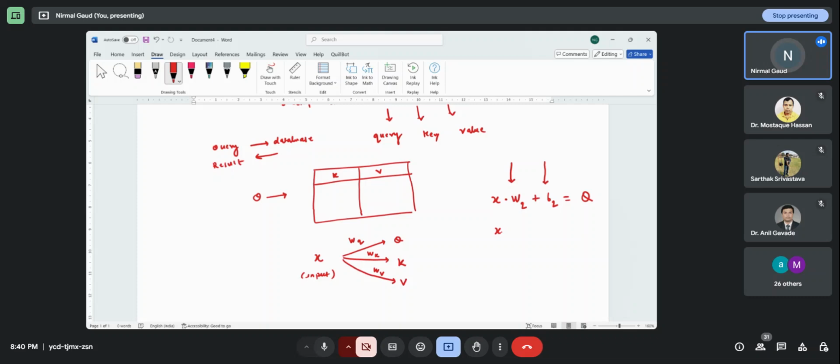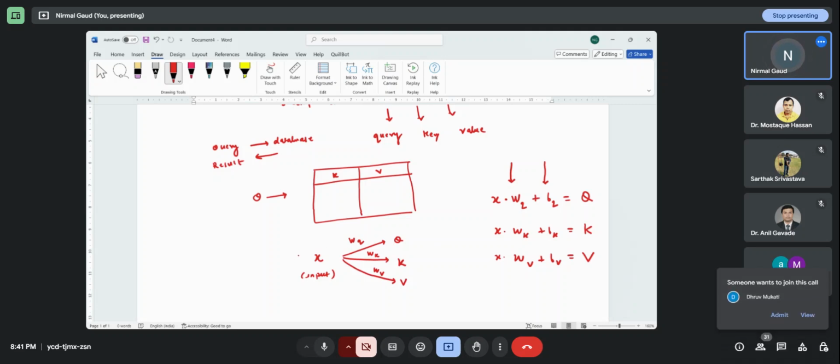Similarly, I will have x dot Wk plus bk equal to the key, and x dot Wv plus bv equal to the value. This is how you have to make the equation.